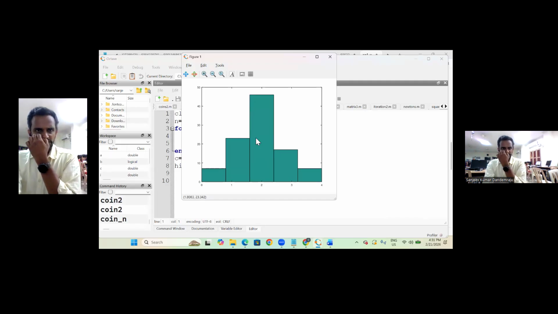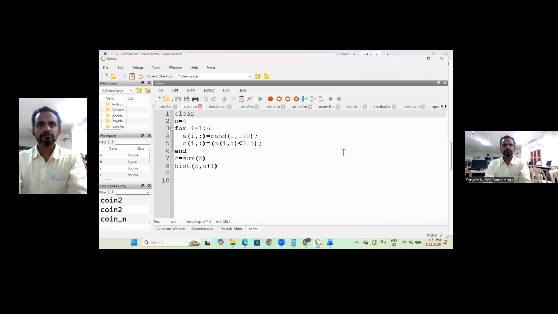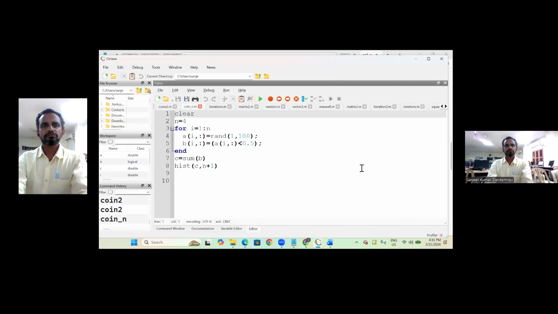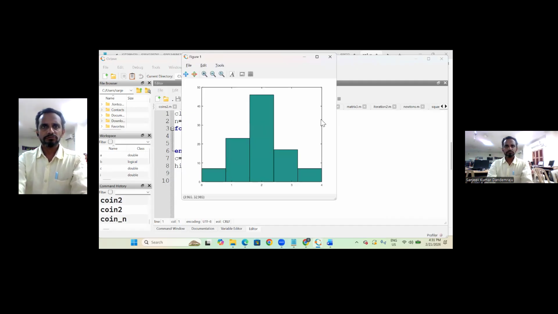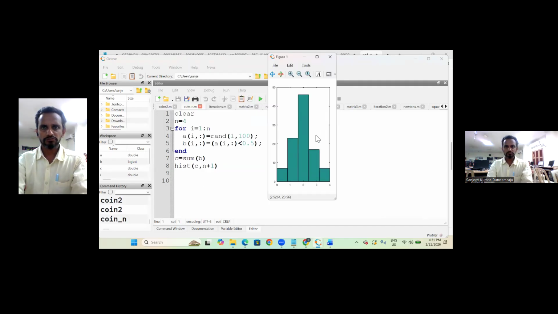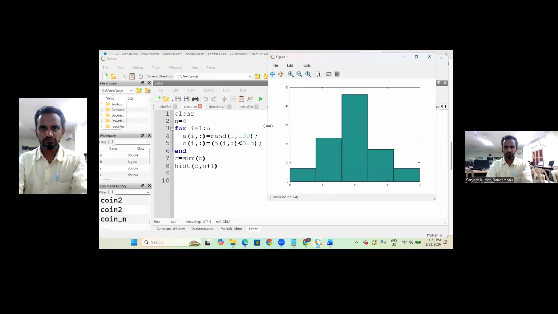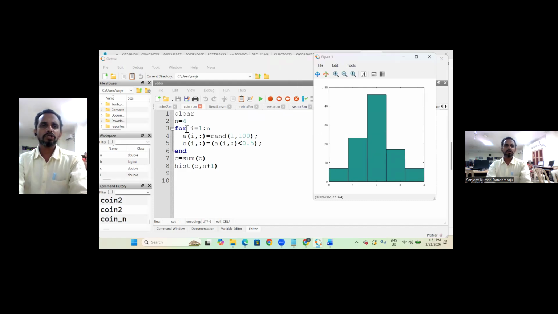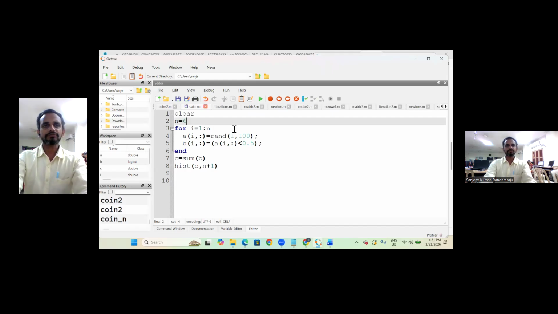Okay, for 4 coins, you have 5 bins. The graph you get is this. Now I increase the number of coins to, let's say, 60.